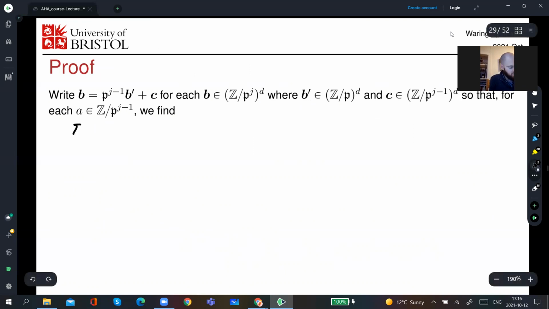The way this works is I take a sum over b in z mod p to the j, d directions, of e of a times b squared minus n over p to the j. I'm doing this for my Gauss sum, right?